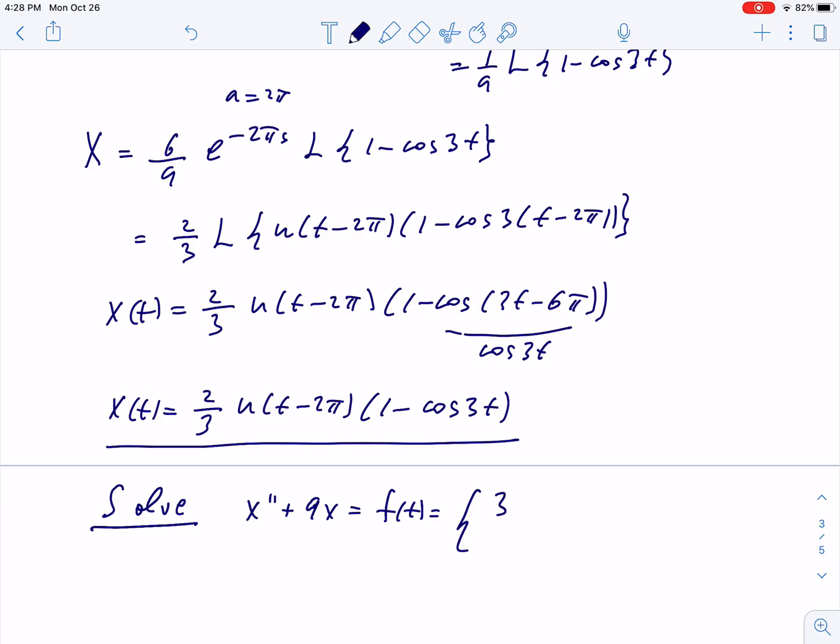Let this be 3 when t is between 0 and pi, and 0 when t is greater or equal to pi. Again with 0 initial conditions to focus on the essential part, the t-shift.